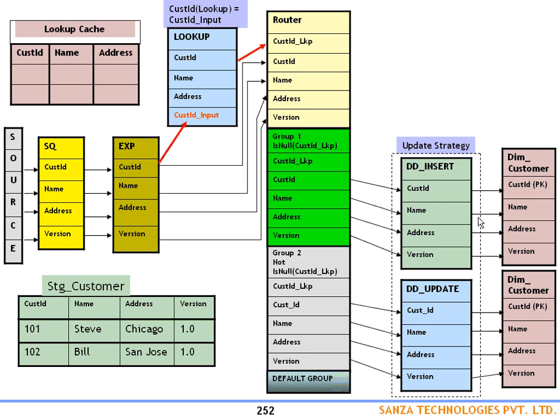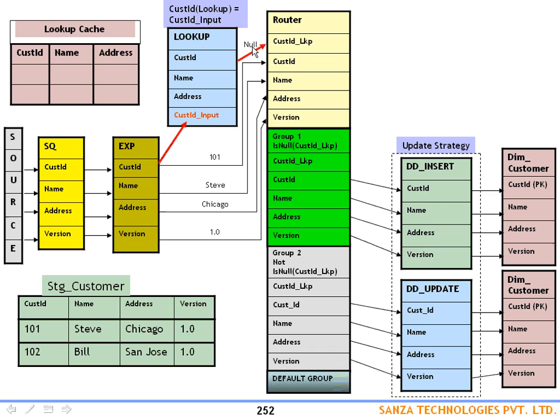Now, record by record processing: the first record comes in, 101, and goes to Informatica's lookup cache. Based on the condition, it will scan the cache. 101 does not exist, so it will return a null value.